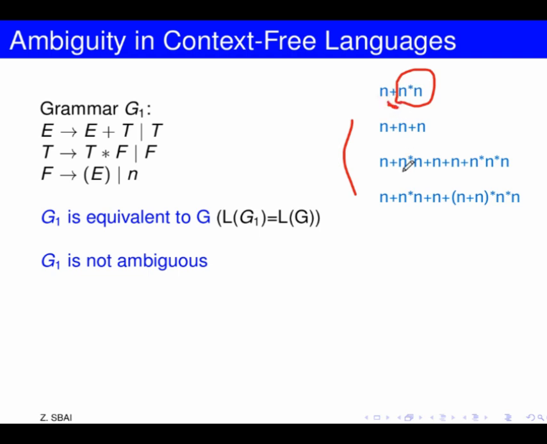So we may say that any expression will be seen as an addition between multiple terms. And these terms may be just one number or a multiplication between numbers. These are the terms, for example, in this string.